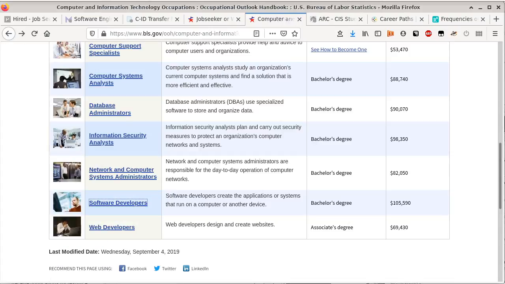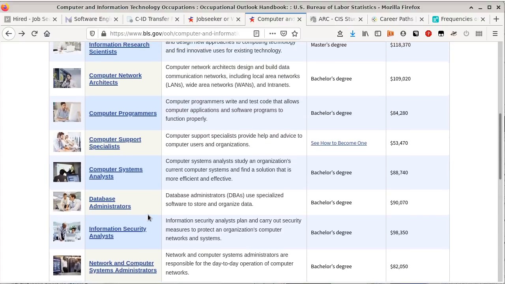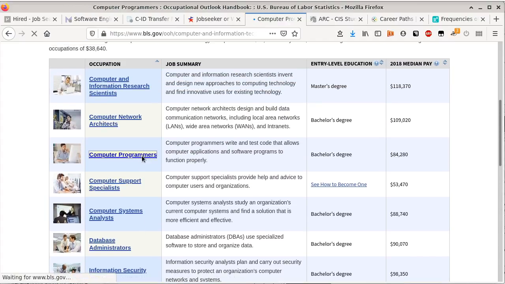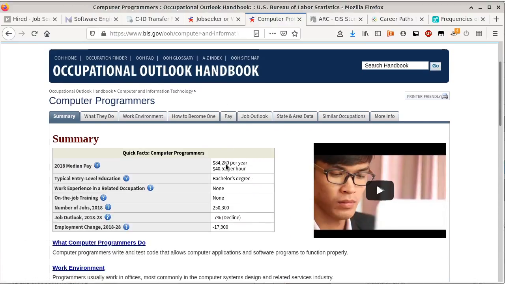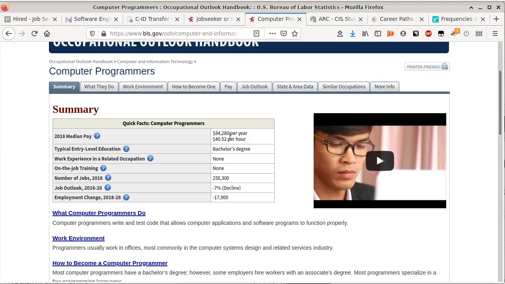So let's go back and look at something that does not see such an increase. We'll go to computer programmers. In terms of pay, they're a little bit lower, but not really by that much. But when you look at job outlook, it doesn't look too good, because from 2018 to 2028, the anticipation is there will be a 7% decline over those years.